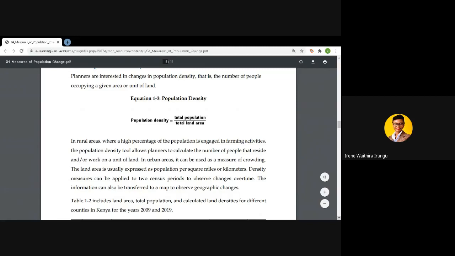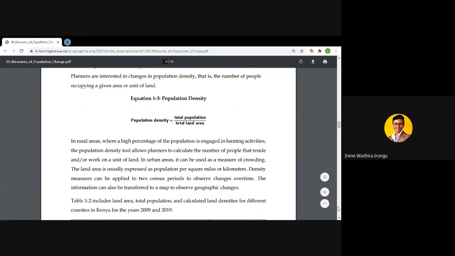It will depict a situation where there is overpopulation within a certain area, or some places are sparsely populated, whereas others are densely populated. Again, informing the planner of where to allocate resources.